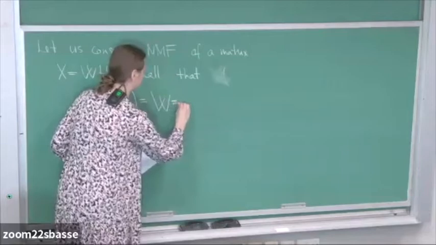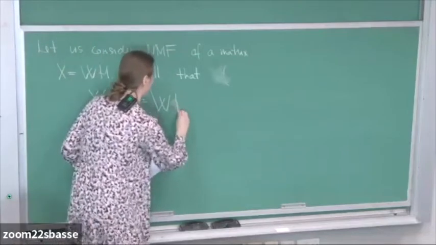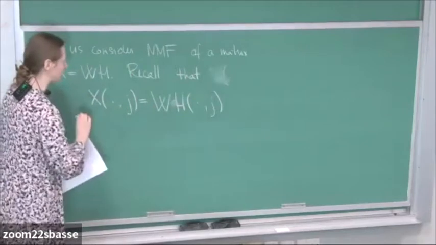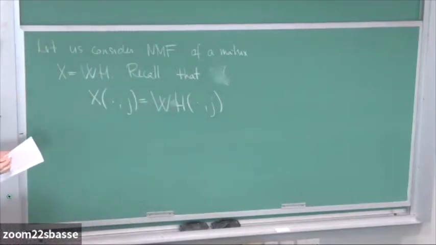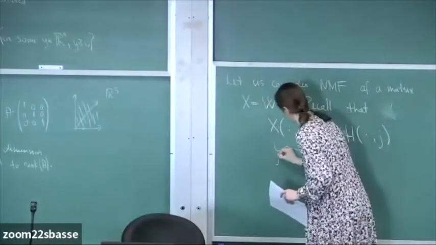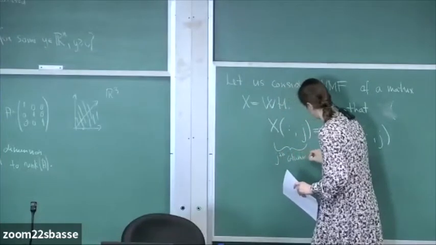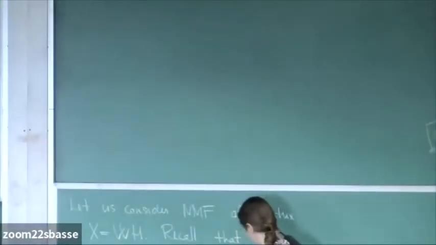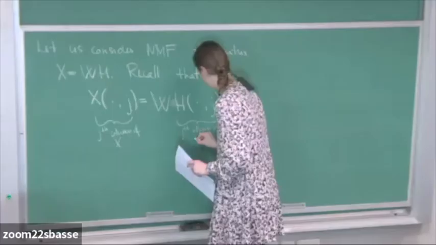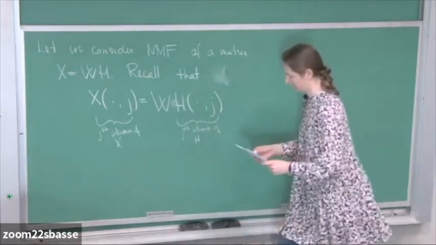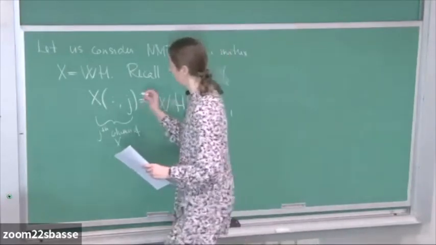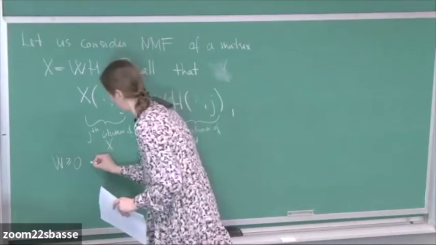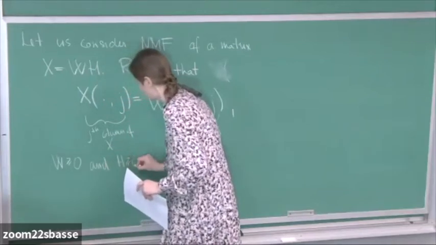This is something that I also wrote down yesterday: if you have this factorization, then we also get that the j-th column of X is equal to W times the j-th column of H. And also because we talk about non-negative factorizations, W has non-negative entries and H has non-negative entries as well.